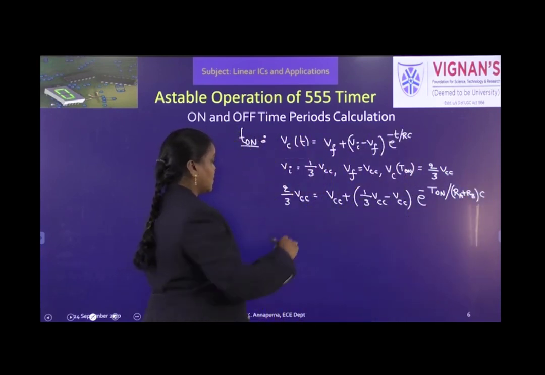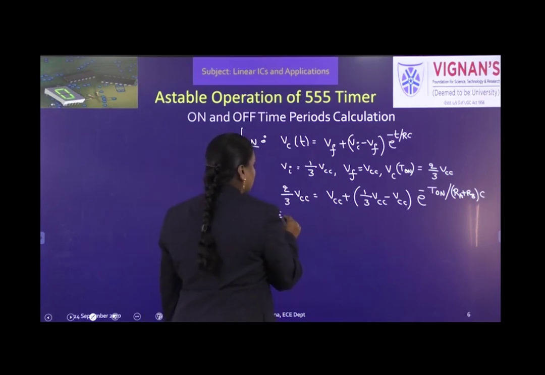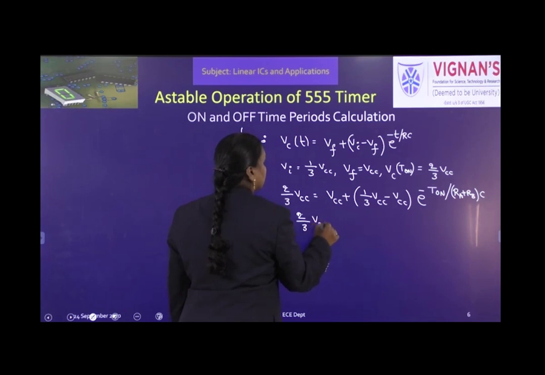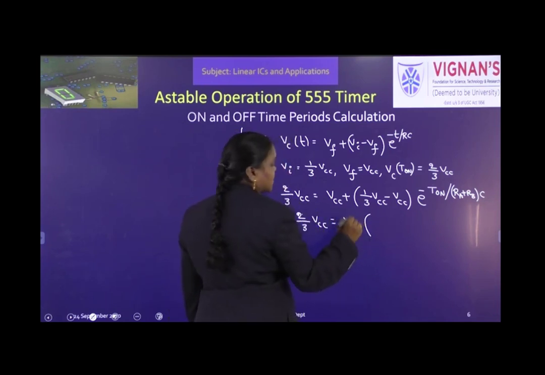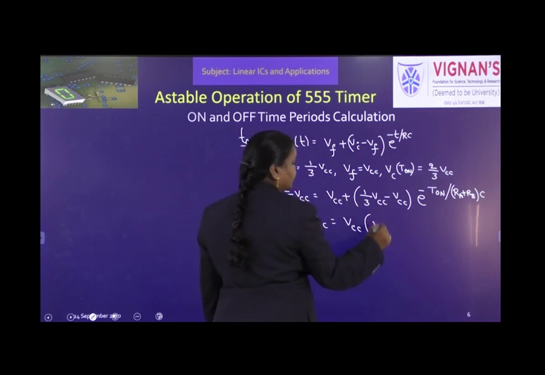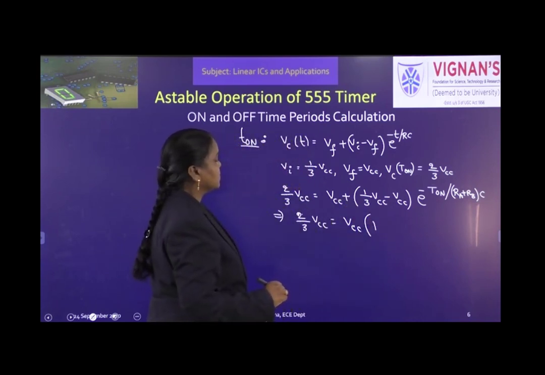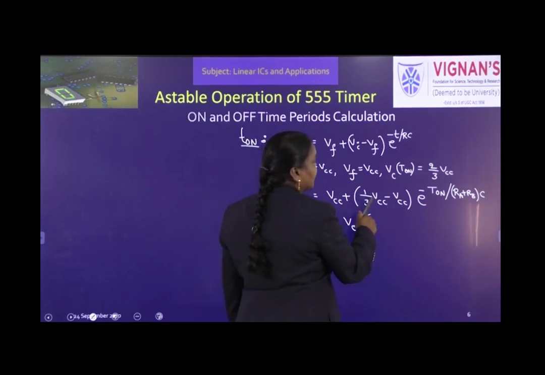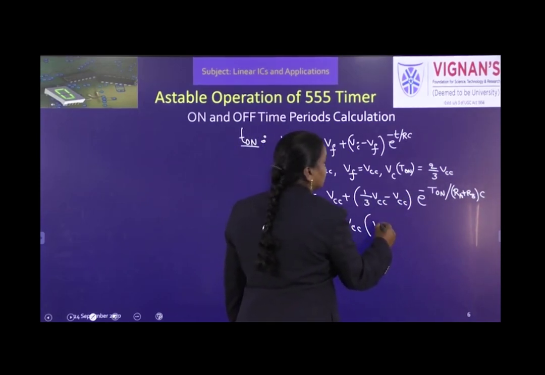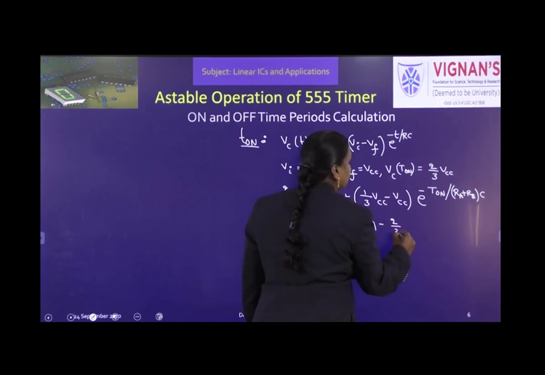Right? So if you simplify this, 2/3 VCC is equal to VCC, I am taking common on the right hand side. So 1 and what is this? 1/3 VCC minus VCC means it is minus 2/3 VCC.